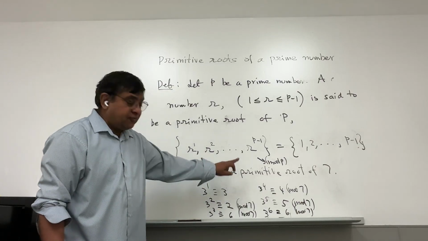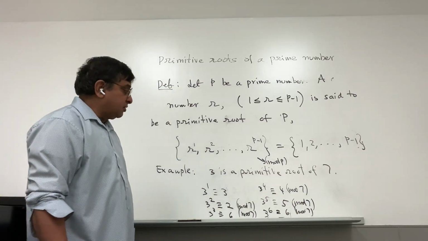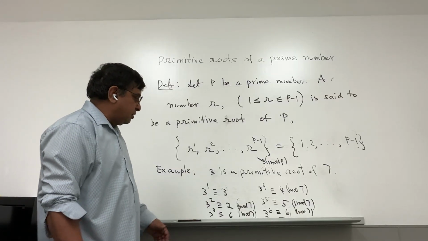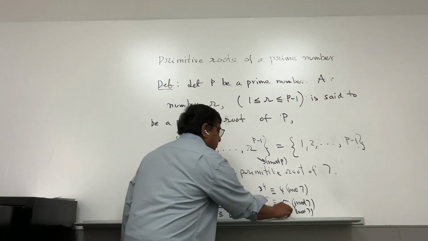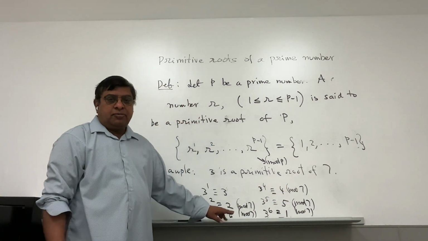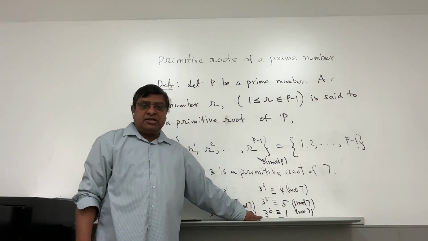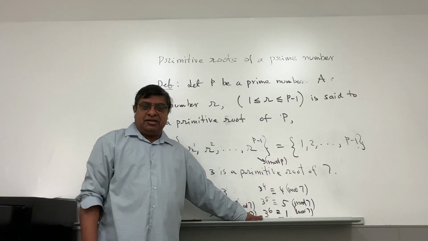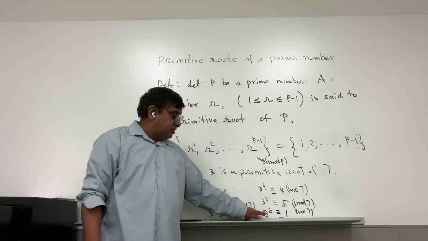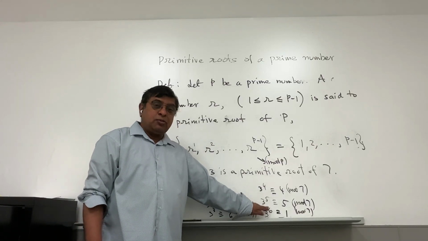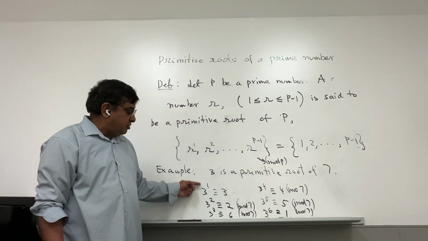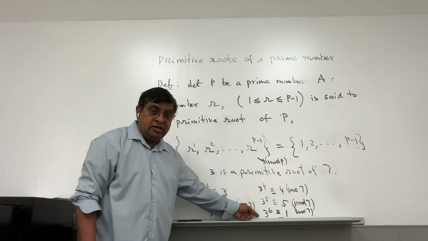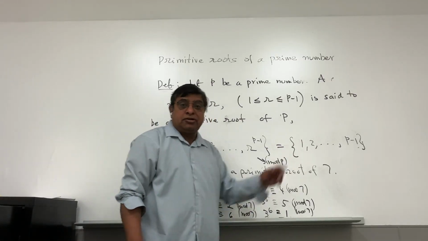Why is that? This is by Fermat's little theorem: 3 to the power of p minus 1 is congruent to 1 mod 7. So as you can see, all 6 powers of 3 give you exactly 1 through 6.